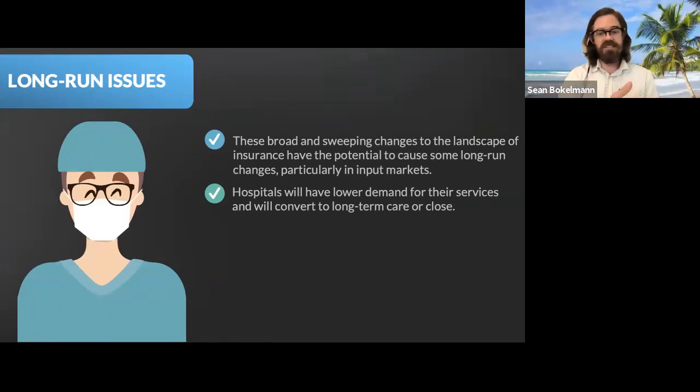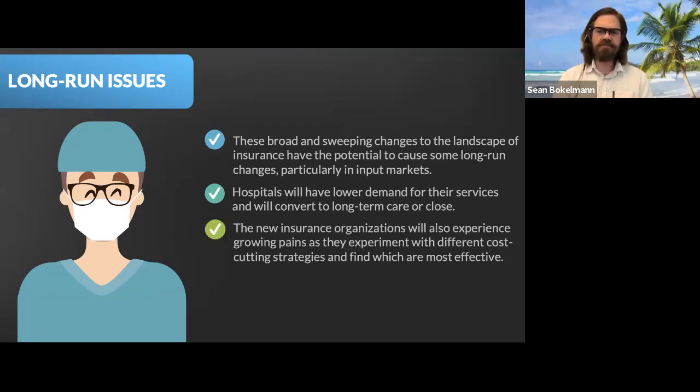Because a lot of the cost savings we've seen come from lower rates of hospitalization, which means the demand for hospitals is declining. And so one thing that we might see in the long run is that hospitals might convert to long-term care facilities, like retirement homes and those sorts of things, or they might just straight up close, right? So those would be the longer-term effects, potentially.